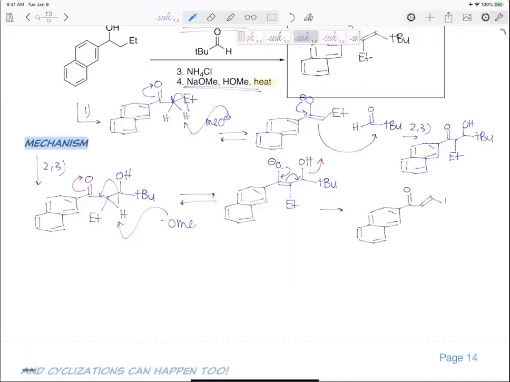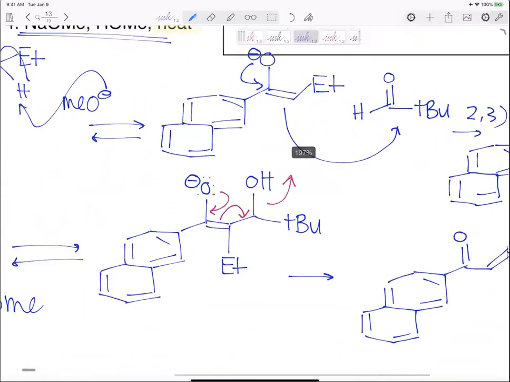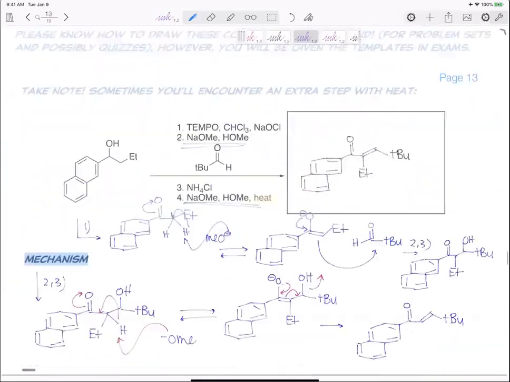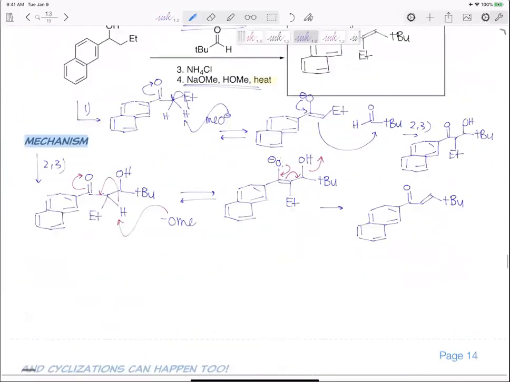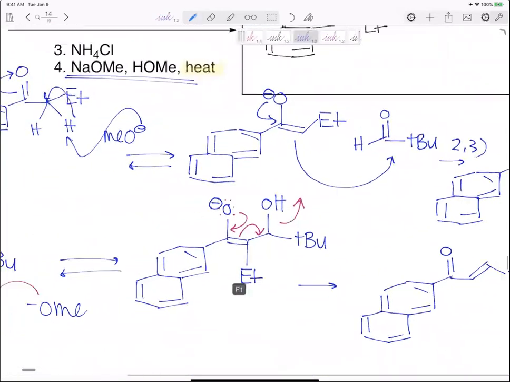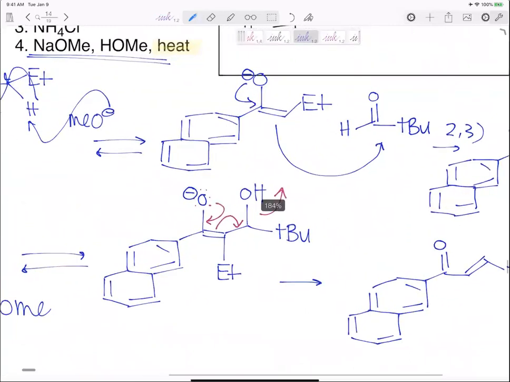Right here. Because you see this part here, resonance drove the double bond to this carbon here.